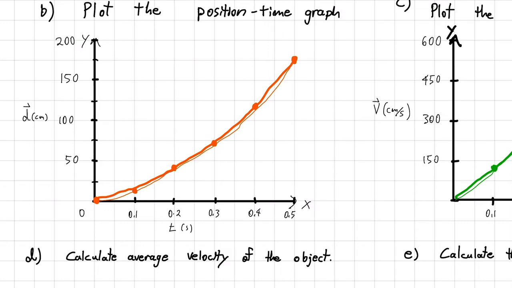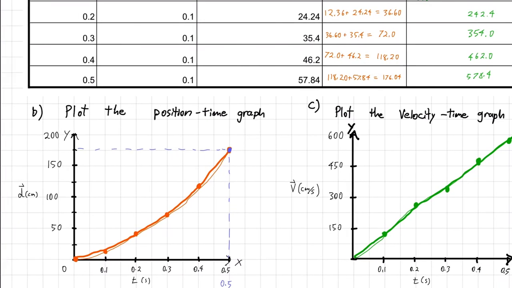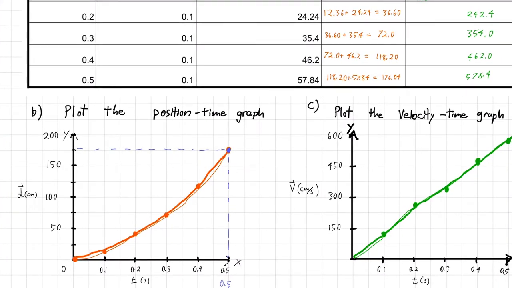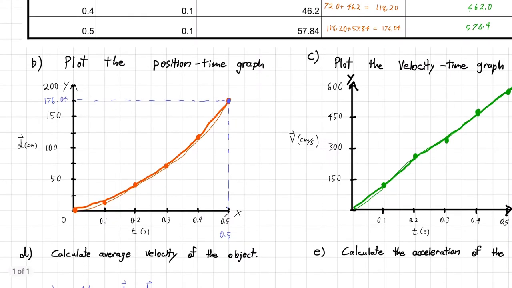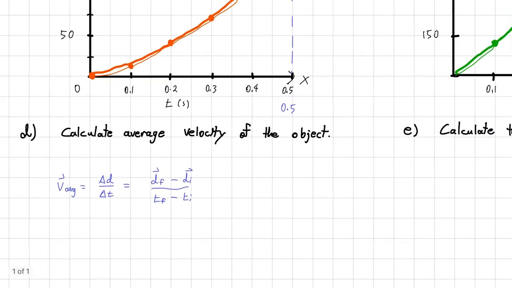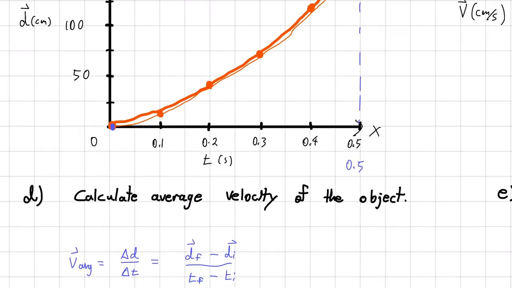Well, here's our final spot. Time will be 0.5 seconds. And going back to our data, displacement will be 176.04 centimeters. And then our initial spot will be obviously the 0.